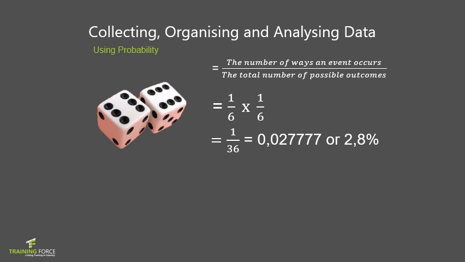And 1 out of 36 will give me 0,02777777. And I'm sure you can remember from your previous topic that 7777 might be an irrational number. And then we can calculate that to 2,8%. So I have a 2,8% chance of my dice landing on 6.